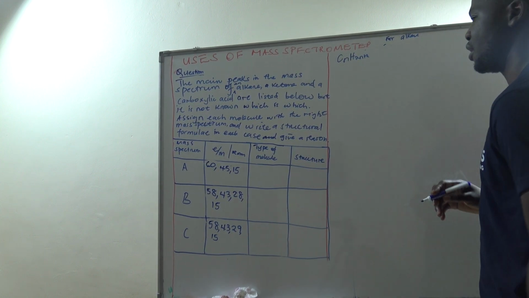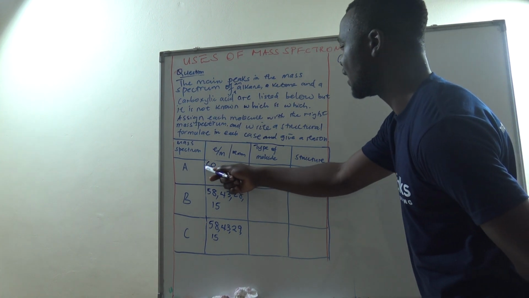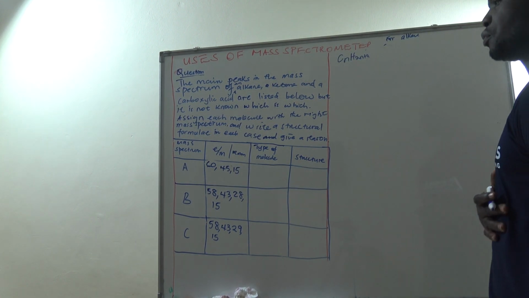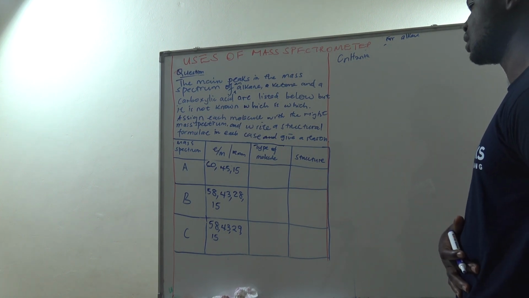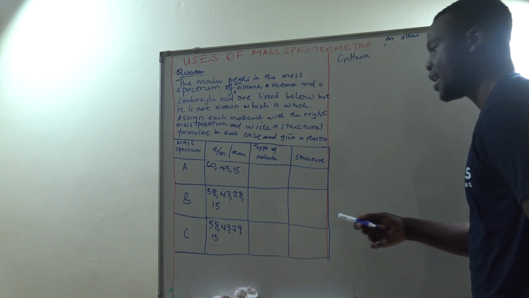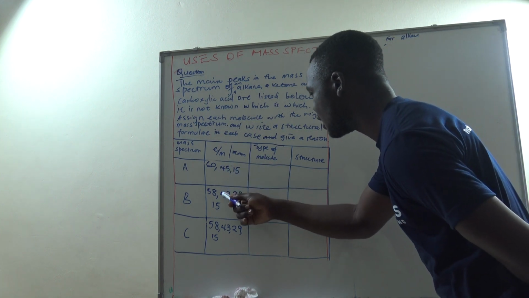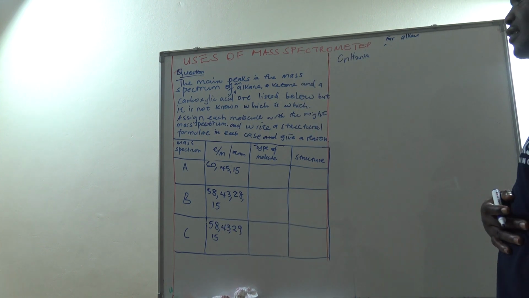This is the general formula. Now, the biggest value here, we take it to be the mass of the molecular ion, before it is fragmented. These other masses that we are seeing are the masses of the fragments.